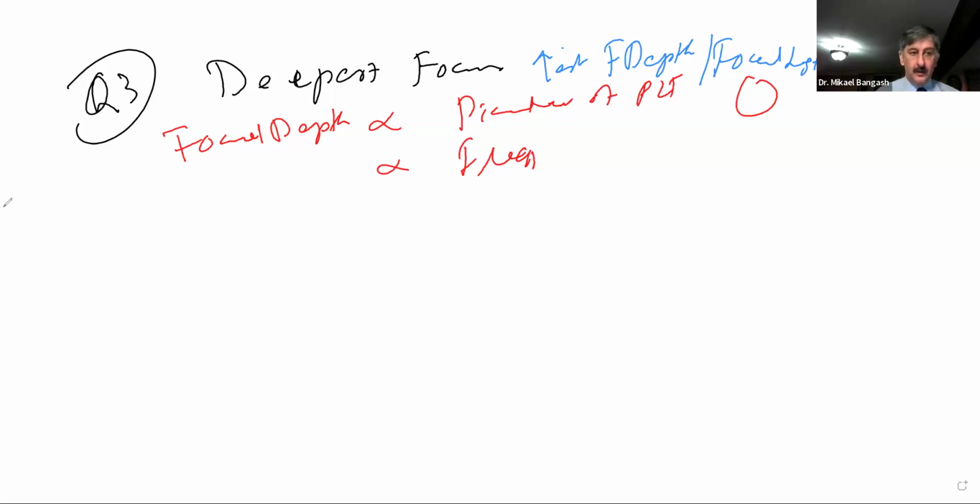So to find out the greatest focal depth, what do we need to do? We need to choose the transducer with the greatest diameter of PCT and the greatest frequency. That will give us the greatest focal depth.